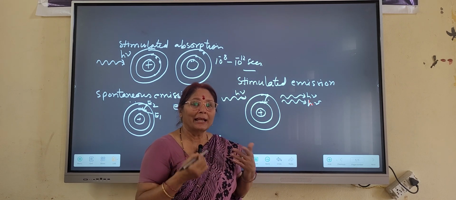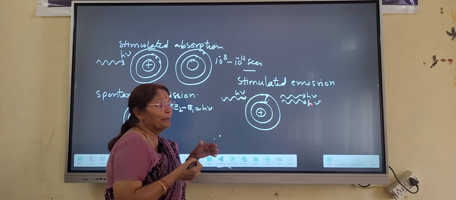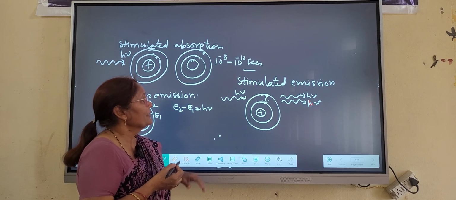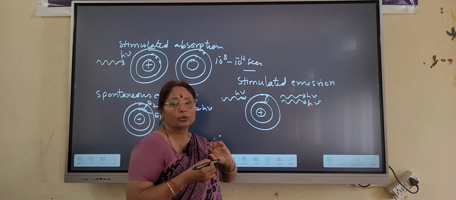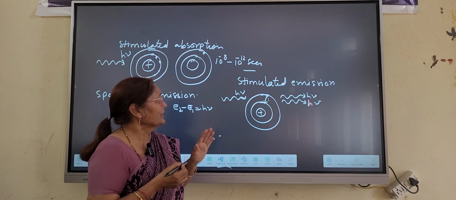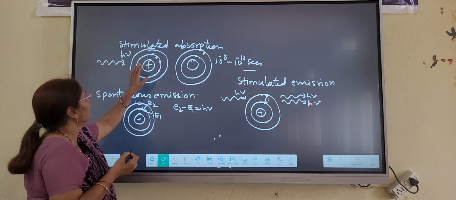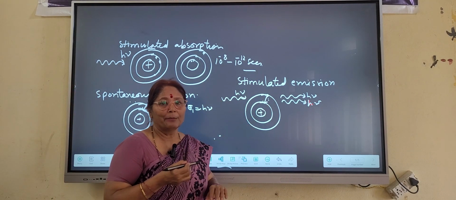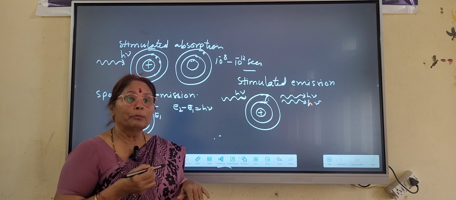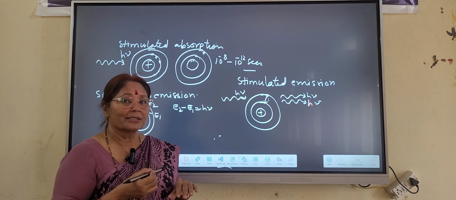So light has been amplified. This kind of emission is called stimulated emission because we have triggered this atom to give out this photon. So I think it is clear what is meant by stimulated absorption, spontaneous emission, and stimulated emission. These terms are very important when we are studying lasers.